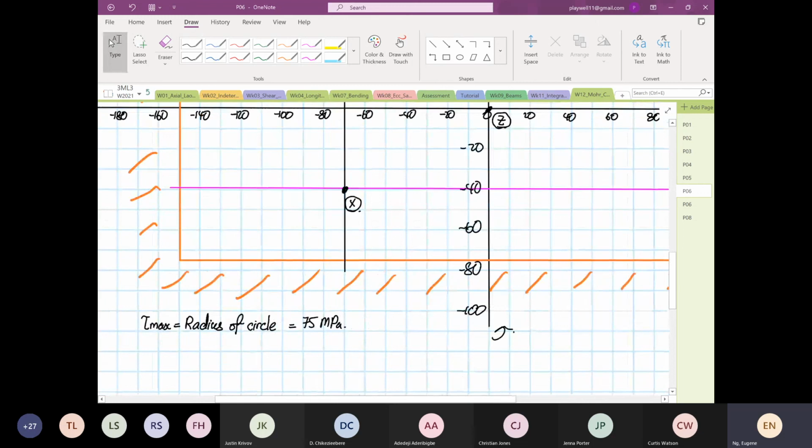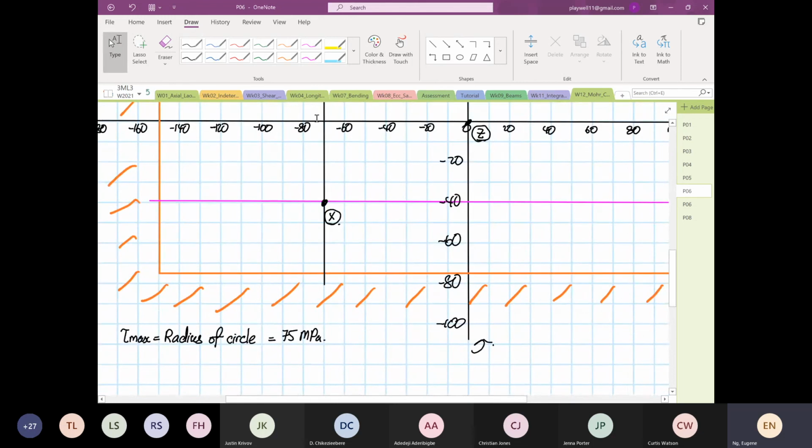Let me highlight what we know. We know the radius. We know that this is our tau max because it's equal to our radius.